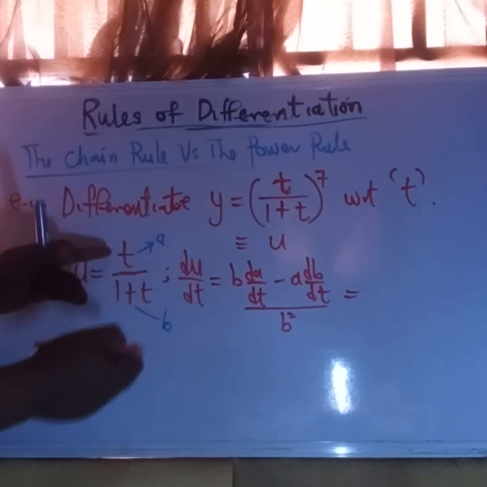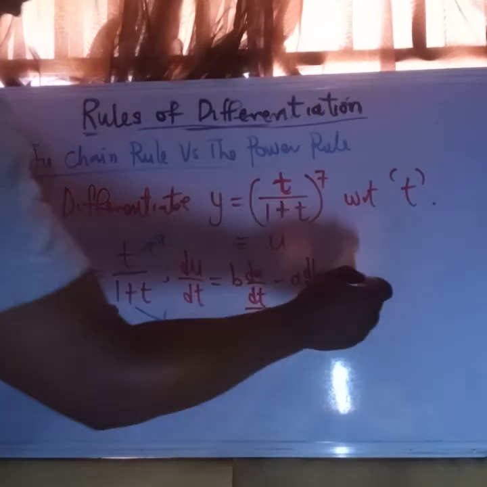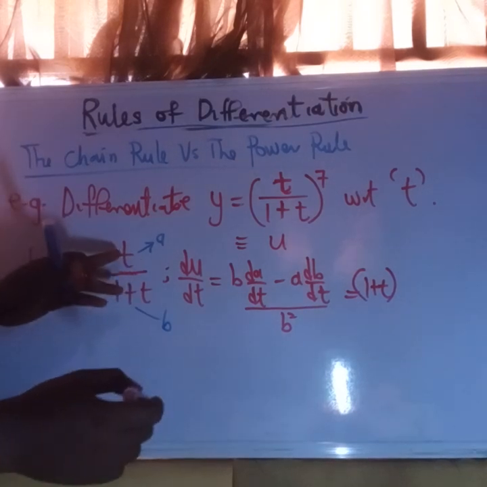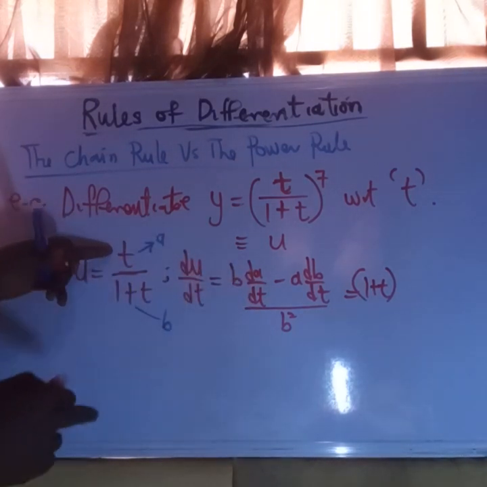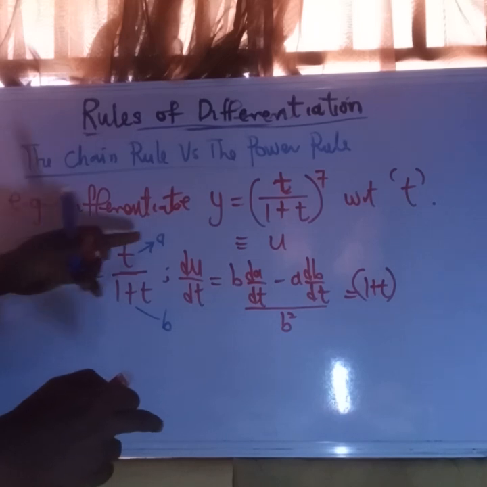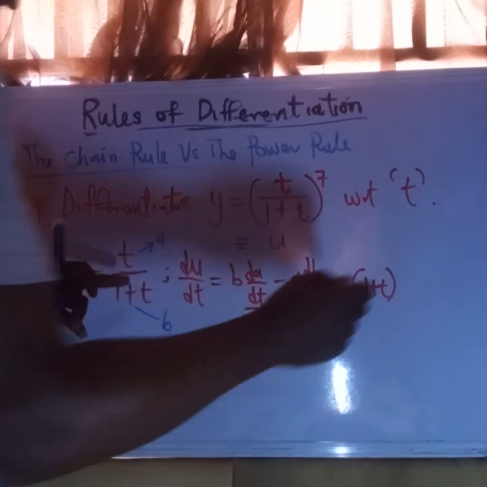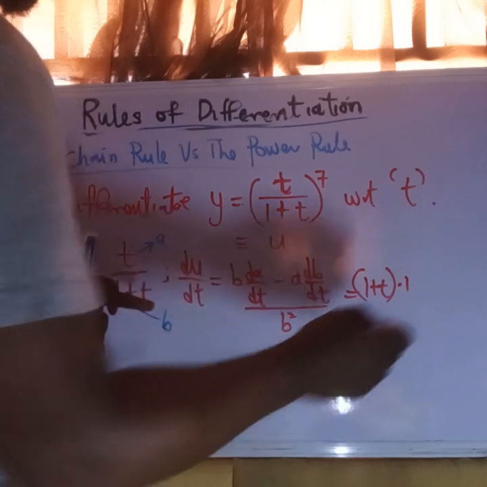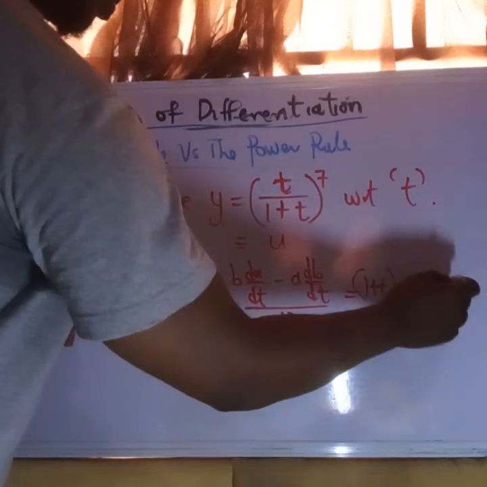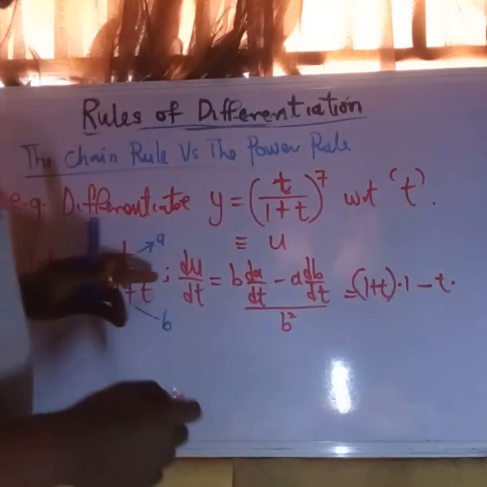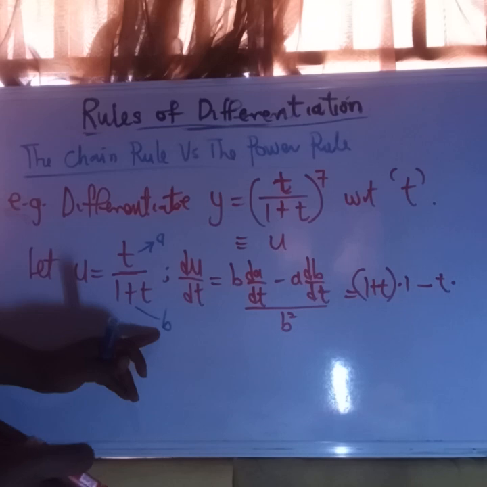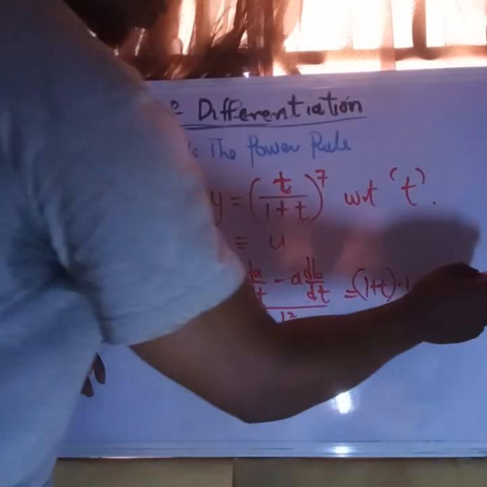So let's do that. Here we have B, which is 1 plus t. For dA/dt, we differentiate A with respect to t, that is 1. Then minus, from the formula, A, which is t, multiplied by dB/dt. Differentiating this again with respect to t, this is also 1.